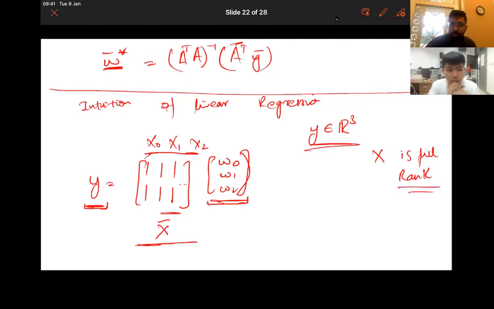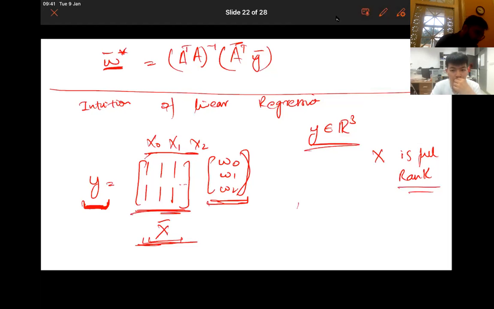Y is a three-dimensional point. So then 3. So that's exactly the intuition of it. If you want to write any Y in terms of the column space of X, where X is a full rank matrix, then you just need 3 columns to write Y. Okay, and you can see why this should work.